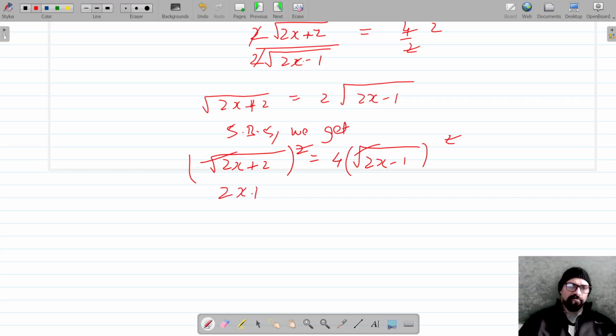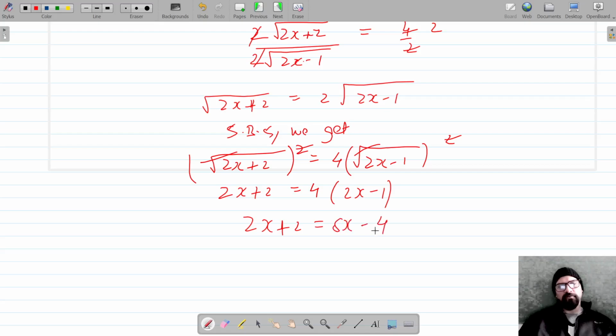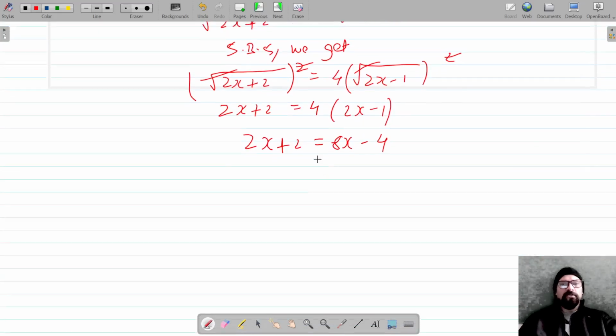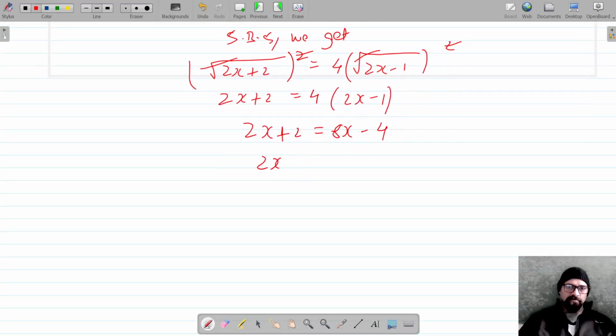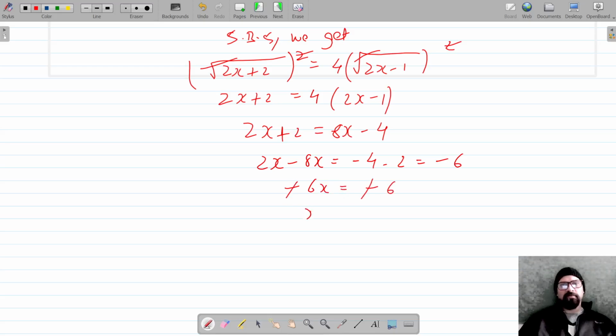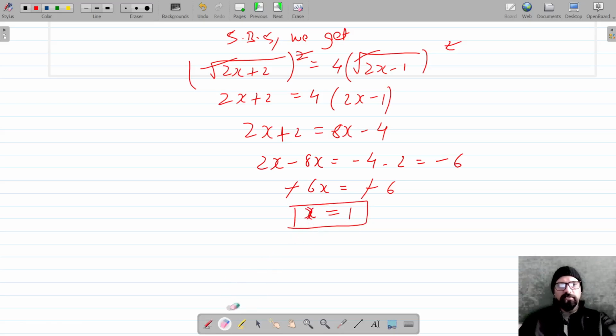So this is 2x plus 2 is equal to 4 into 2x minus 1. 2x plus 2 is equal to 8x minus 4. And this is 2x minus 8x is equal to minus 4 minus 2 is equal to negative 6. So negative 6x is equal to negative 6, which gives me x is equal to 1. So x is equal to 1 in this case is the answer.